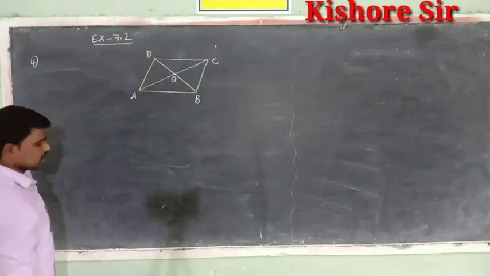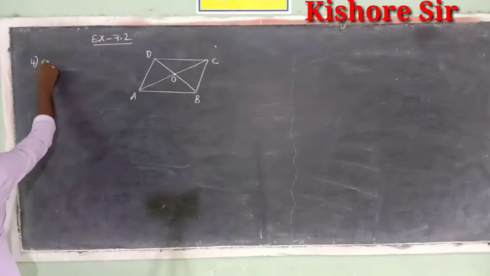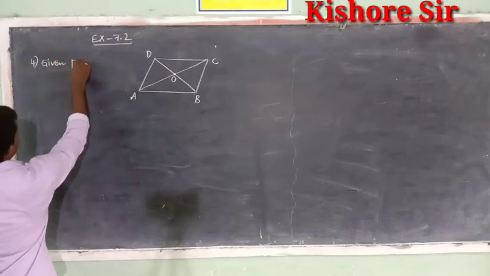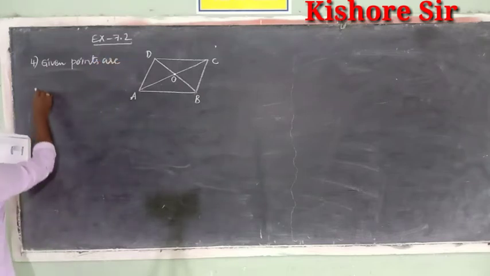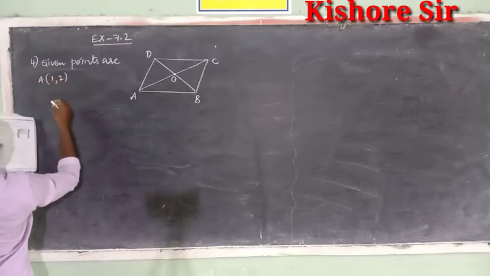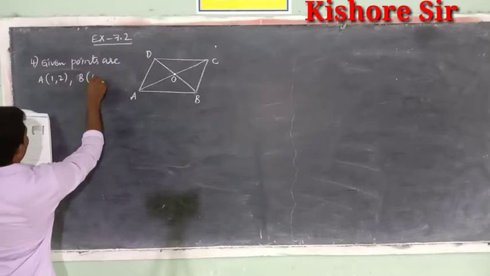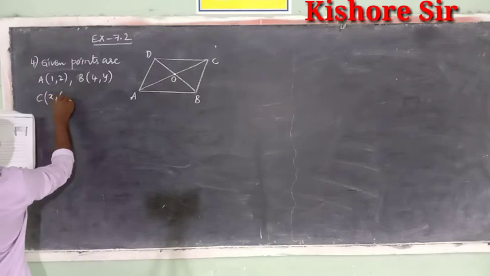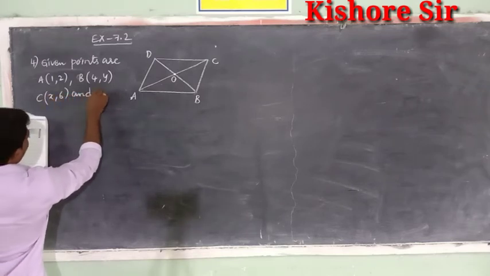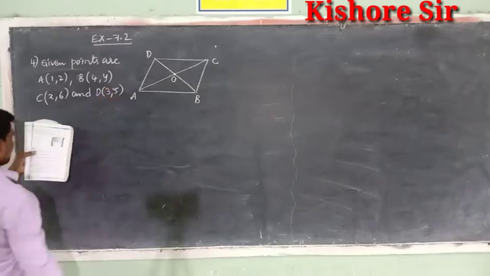Now write the given points. Take the first point as A (1, 2), the second point as B (4, y), the third point as C (x, 6), and the final point as D (3, 5).